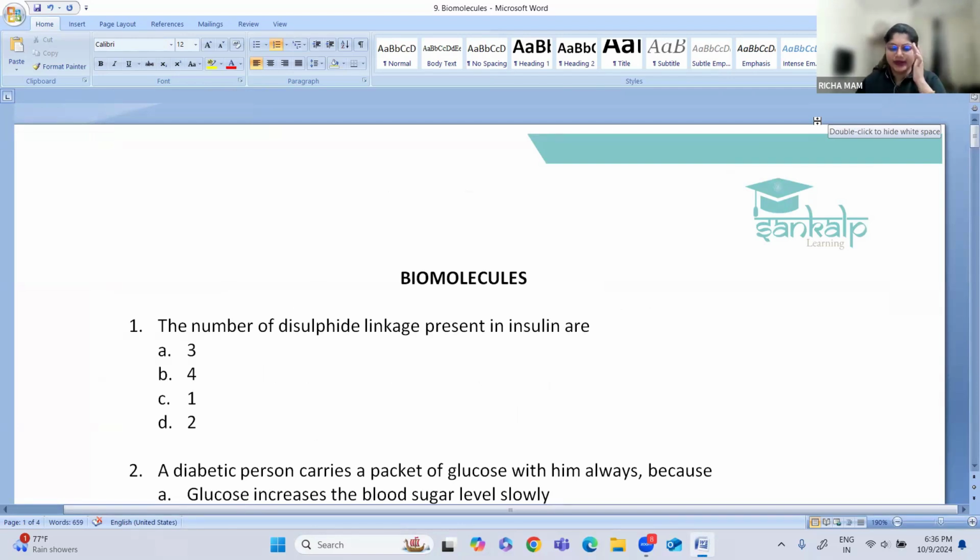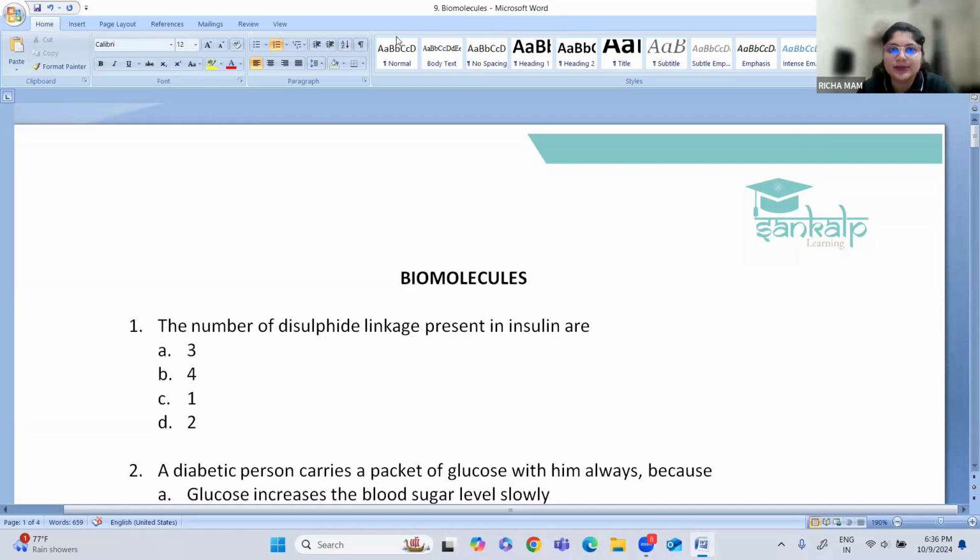Okay. So today we are going to start with the next chapter, that is biomolecules. Very simple chapter. Here we are going to discuss the MCQs. Already we have seen the synopsis, so let us solve. These are the questions on the biomolecules.